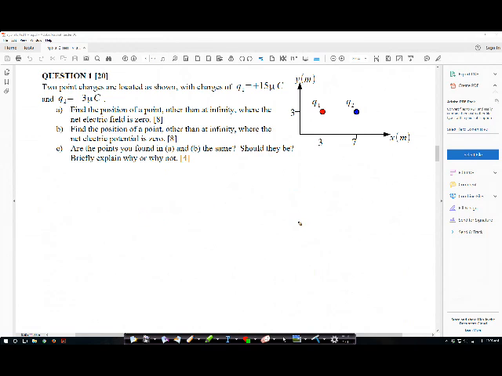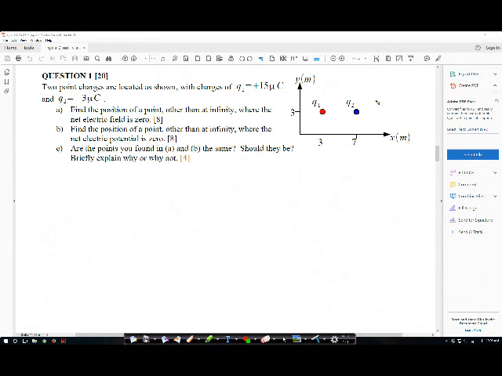So this is the question. The idea with any of these types of questions is figuring out what direction the electric field would be at different points.